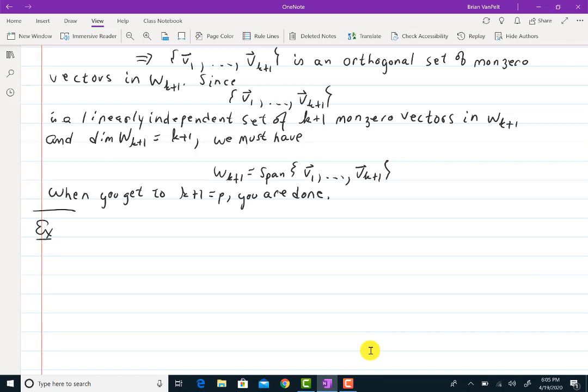As an example, let's let u1 equal 0, 4, 2 and u2 equal 5, 6, negative 7.